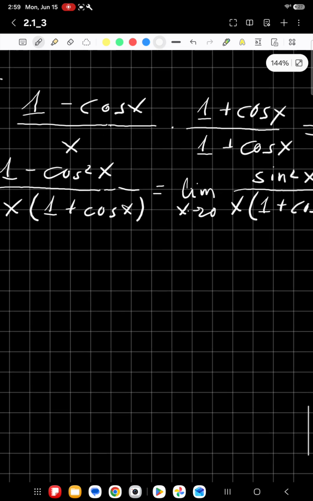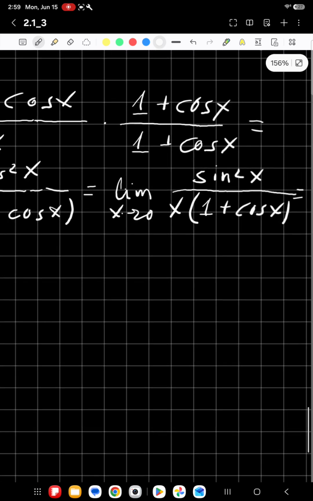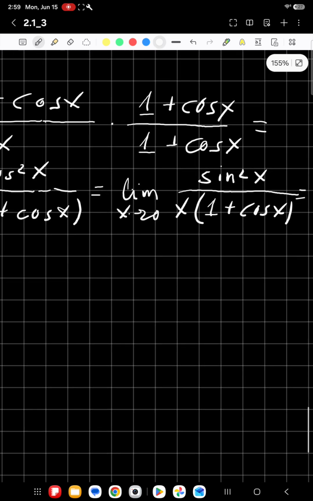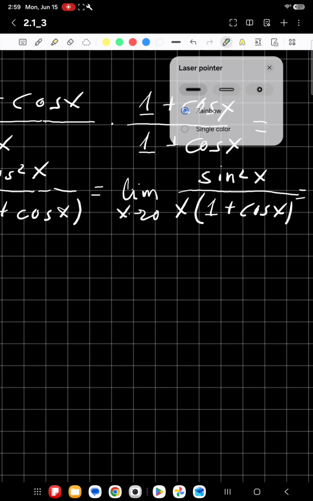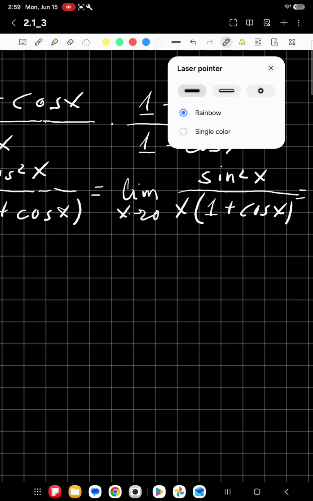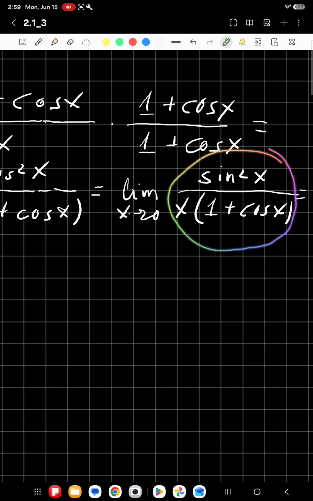Now you see, I could take this expression and split it. I could take one of those sine x's, so sine x over x, and then the other sine x over this.